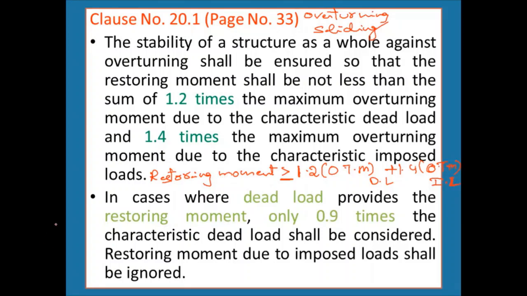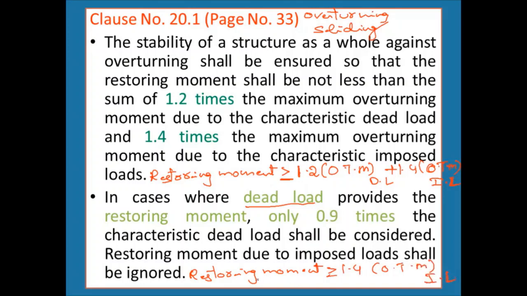Then sometimes the dead load causes the restoring moment, especially if you consider a retaining wall. In that case, the restoring moment must be greater than or equal to 1.4 times the overturning moment due to imposed load.